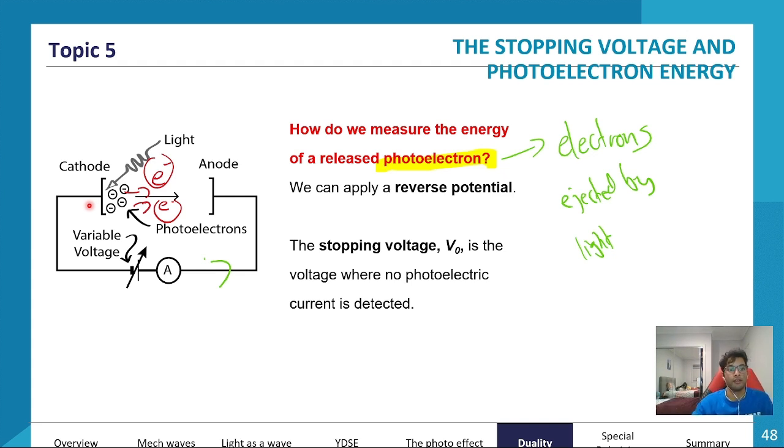If there's no current, that means the reverse potential is the same as the forward potential, because the electrons are being balanced out by the opposite force of the voltage. This is called the stopping voltage. Essentially, how much voltage do we need so that there is no current being formed?